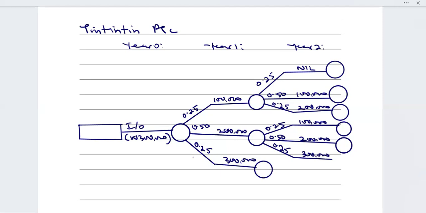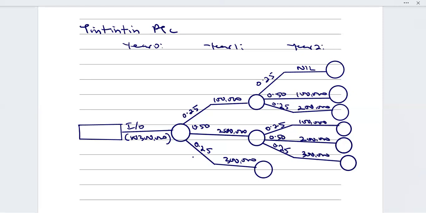Let me push that one to the front. That's it. Finally, again, I have to push this one down.